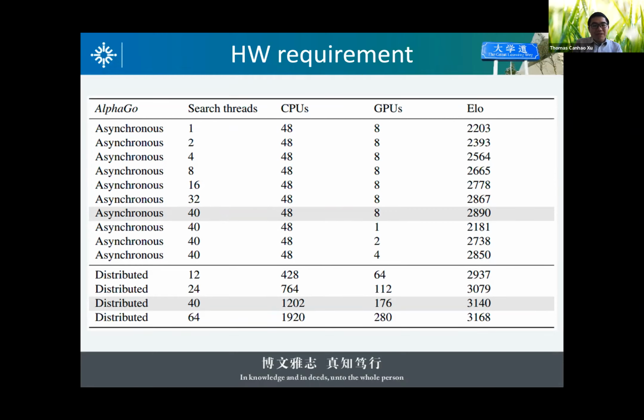So this requires a huge amount of hardware processors. And it's only possible for super big companies like Google, but it's very difficult for a university because we don't have that much resource.